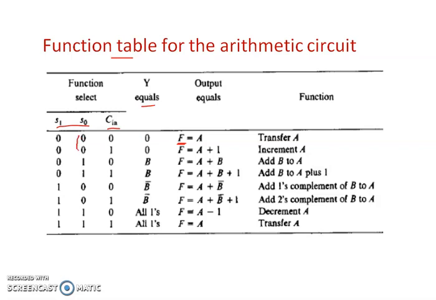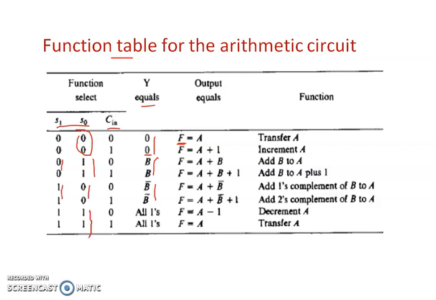If the S0 input is 0 and S1 is 0, Y will be equal to 0. If S0 is 1 and S1 is 0, Y will be equal to B. If S0 is 0 and S1 is 1, then Y will be equal to B complement.